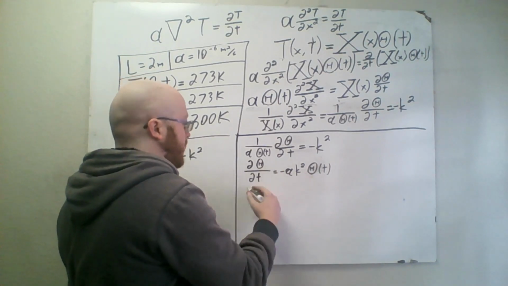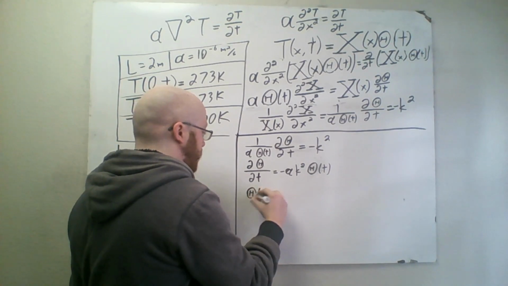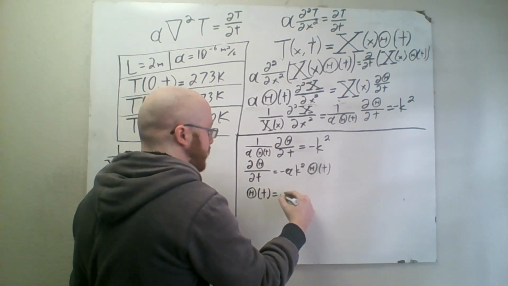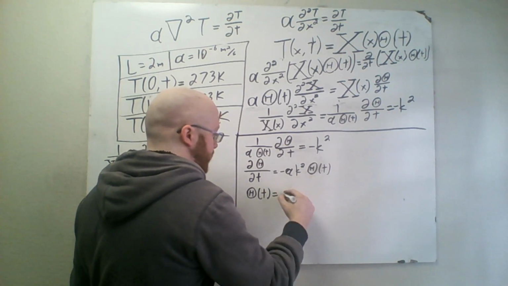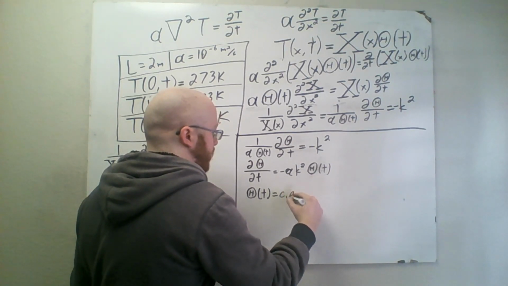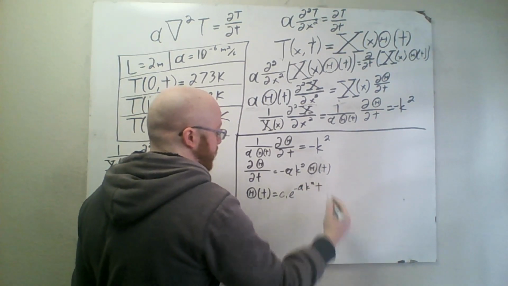R happens to be this guy. So what we end up getting is that theta of t is equal to some constant times e to the negative alpha k squared t.